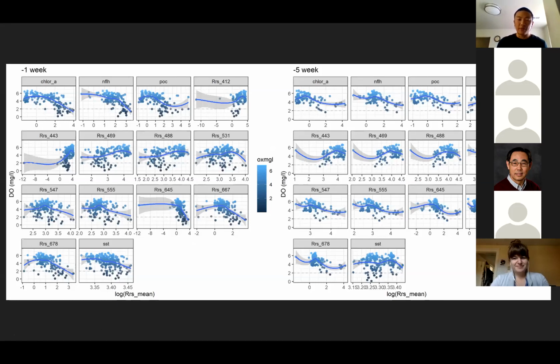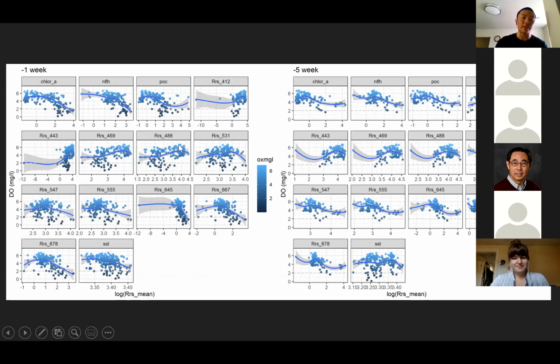But the first thing is that we need to identify the time lag. After several rounds of data exploration, I identified that 1 week to 3 weeks shows a good correlation between the reflectance of the remote sensing image at different bands.